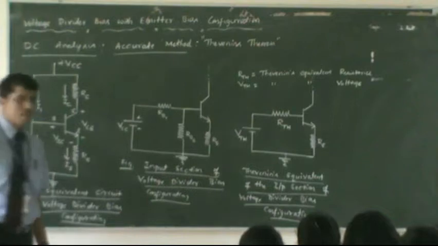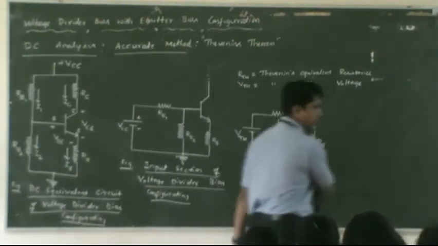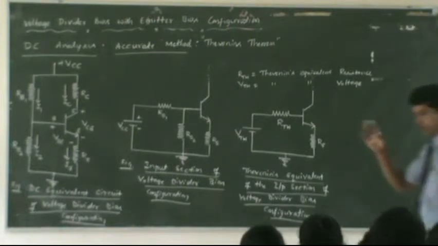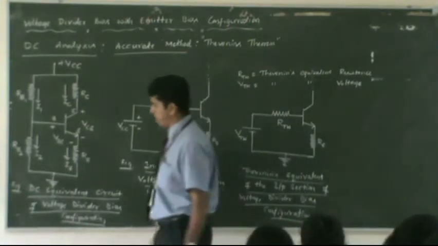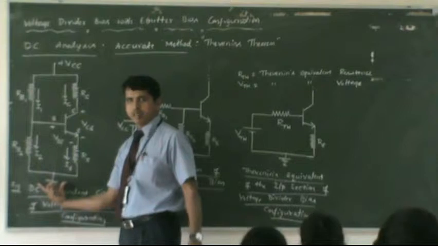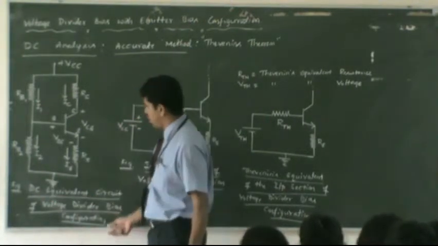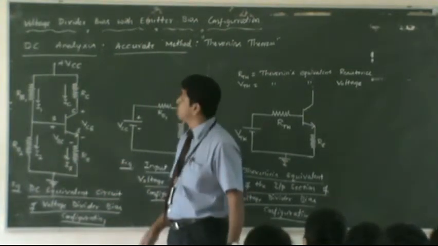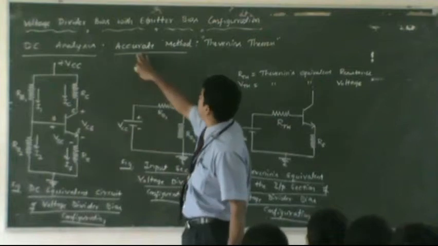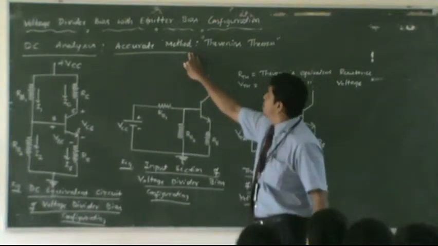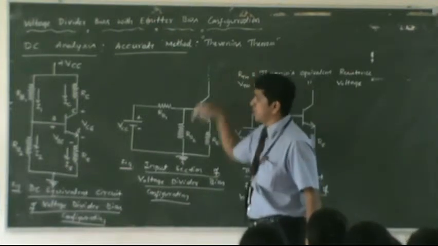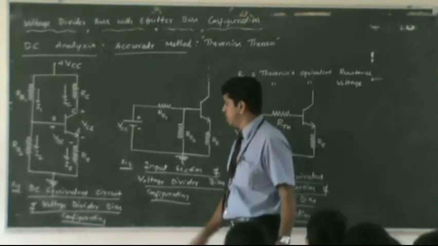How will you understand how to obtain this? So far, from the voltage divider bias configuration, we drew the DC equivalent by eliminating the capacitors and AC signal sources. To analyze this under DC conditions, we use two methods. One of them is the accurate method, which makes use of Thevenin's theorem. We will see how to apply Thevenin's theorem to this DC equivalent.